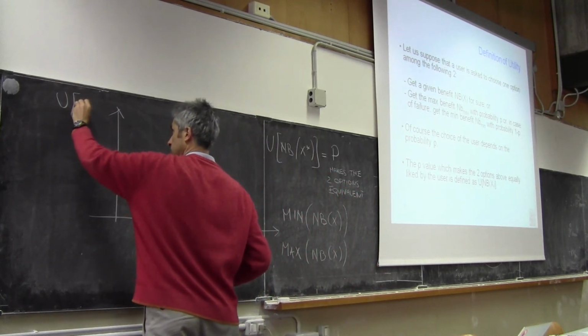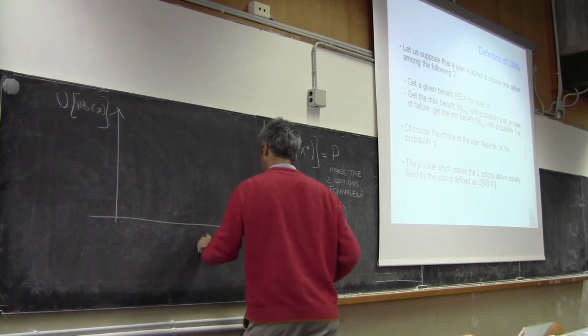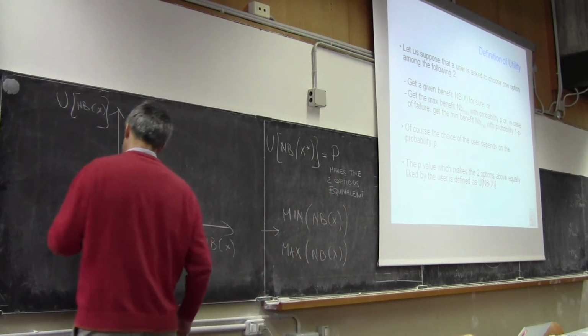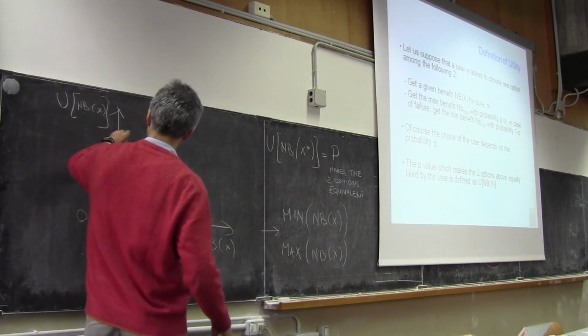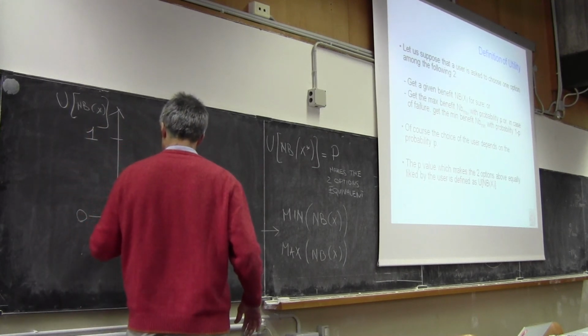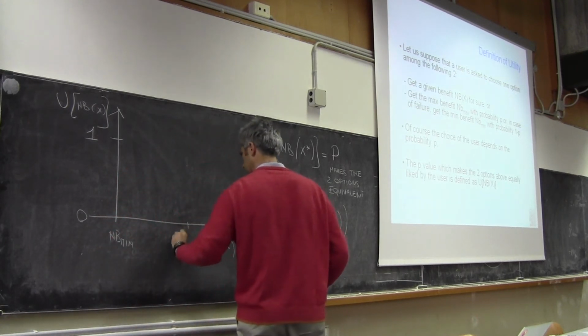Here we put the utility and here we put the benefit. For sure the utility function varies between 0 and 1, and varies between the minimum benefit and the maximum benefit.